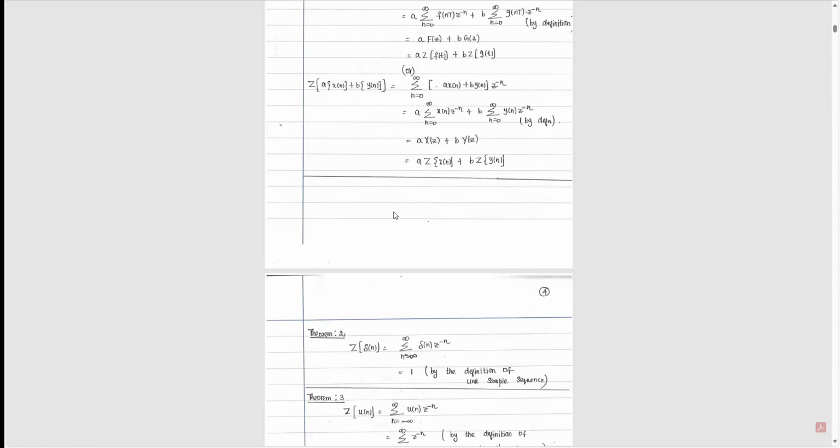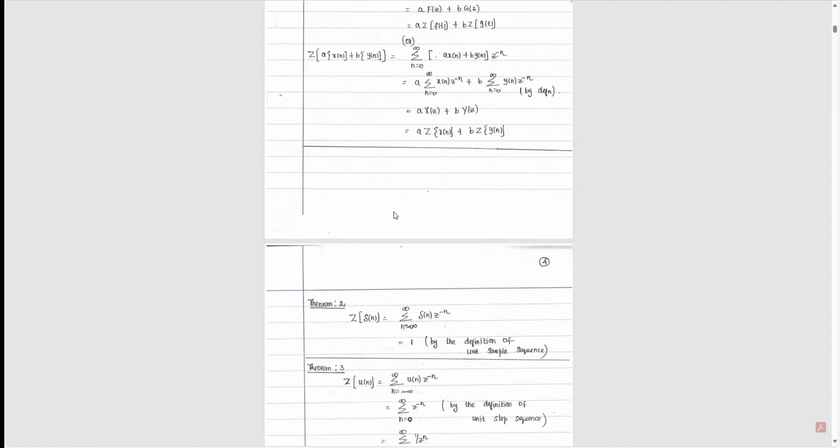Similarly, we can write B into the summation n equal to 0 to infinity of g(nT) into z to the power minus n, which will obviously be G(z). Instead of f(t), we are using g(t).